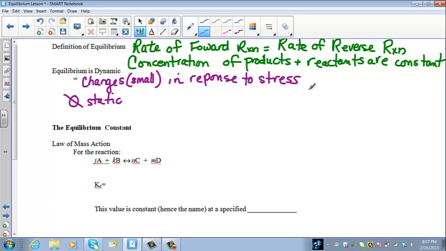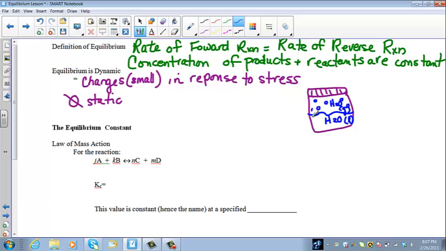So, for example, you don't have to draw this, but if I had a closed container, here's a jar, and I had water in here, this is H2O liquid. I also have H2O gas up here.